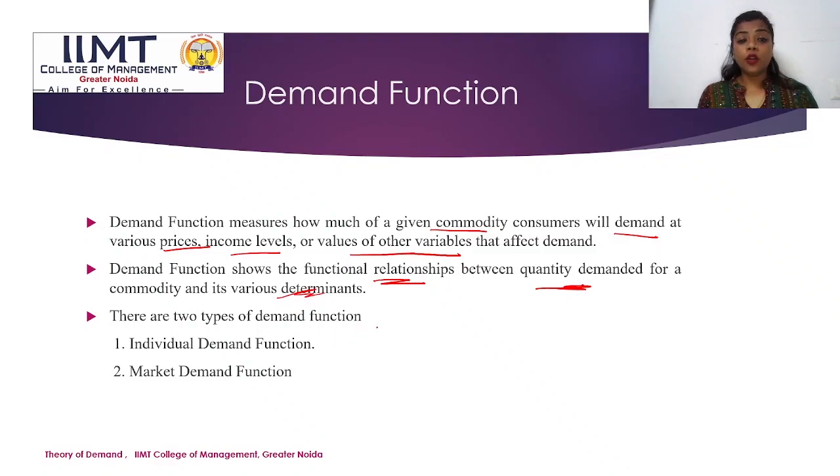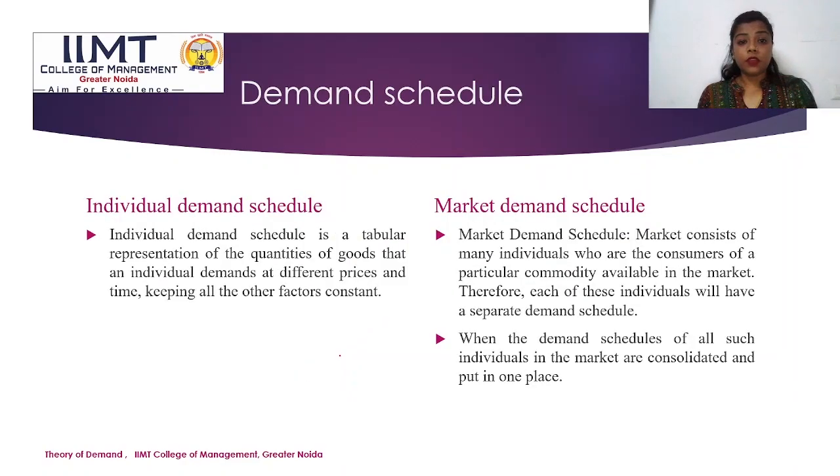Moving on to the types of demand function, there are two basic types: the individual demand function and the market demand function. Now, what is individual demand and market demand? When we are talking about a single consumer, this will be our individual demand.